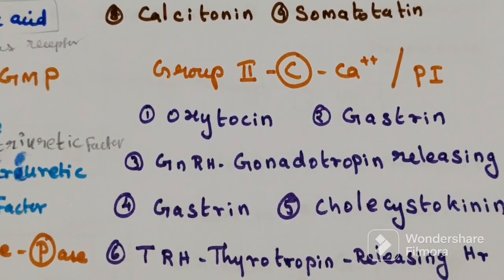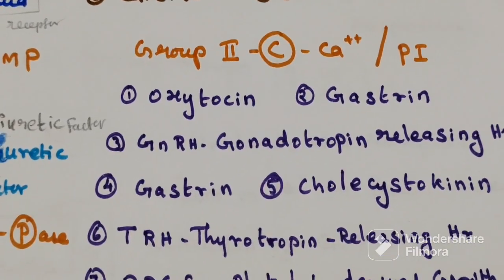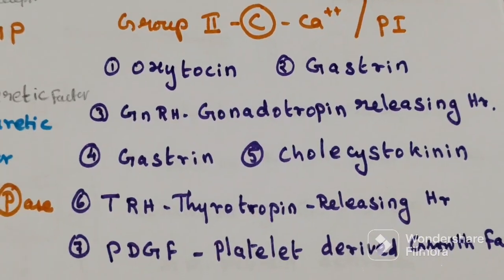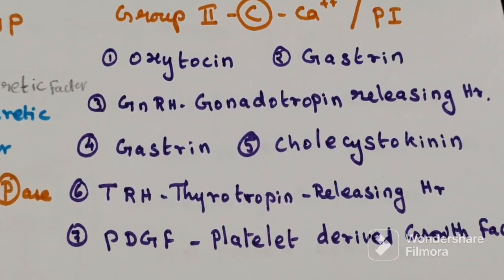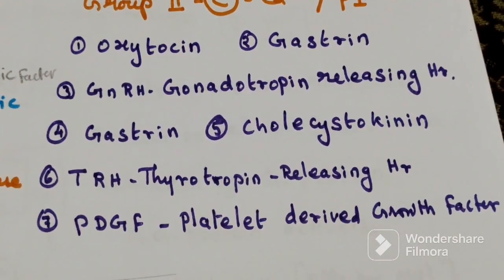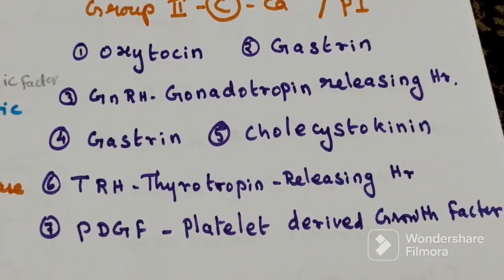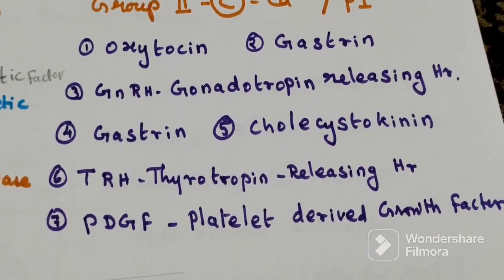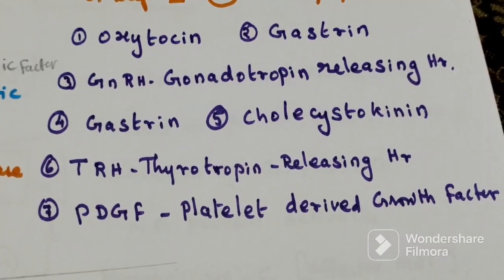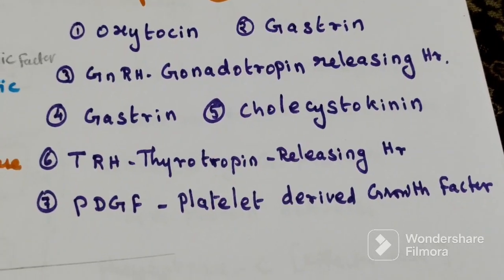Then group 2C. Here the secondary messenger is calcium or phosphatidyl inositol. It includes oxytocin, gonadotrophic releasing hormone, gastrin, cholecystokinin, thyrotrophin releasing hormone, and platelet derived growth factors.